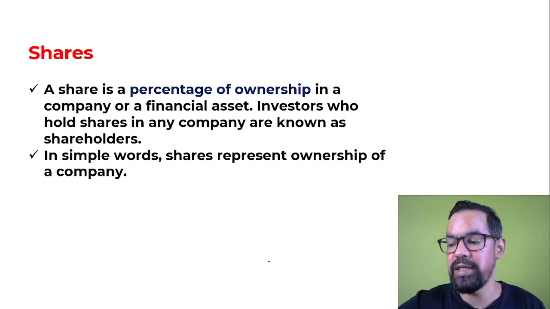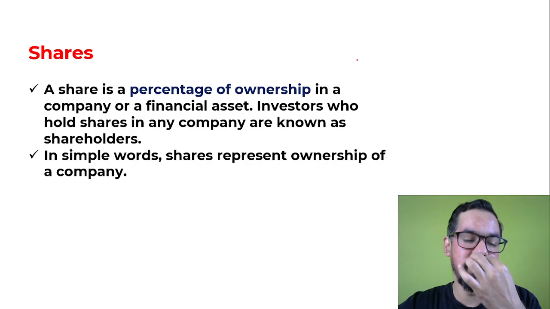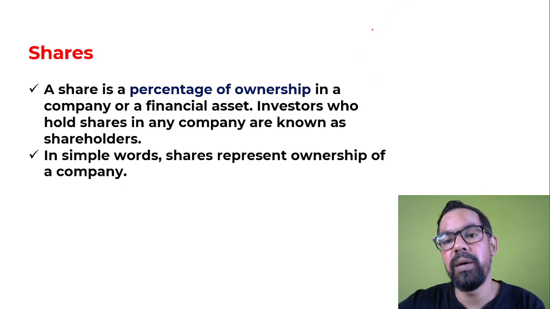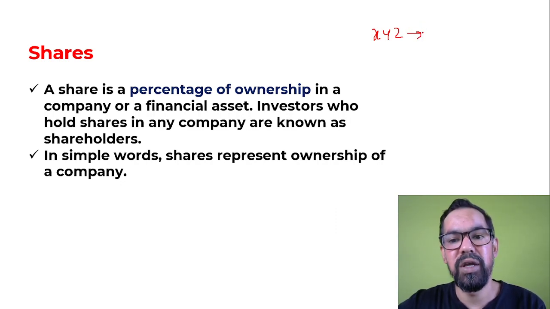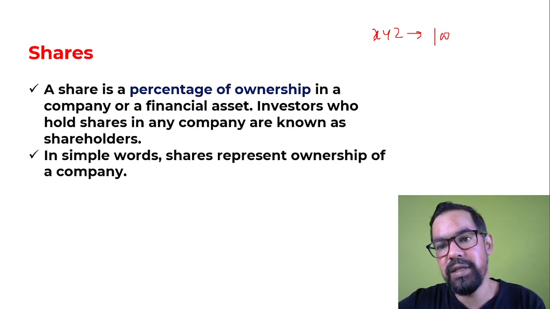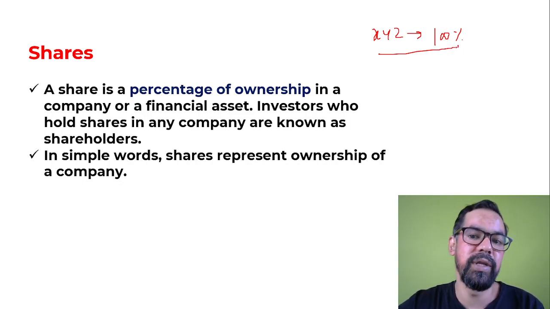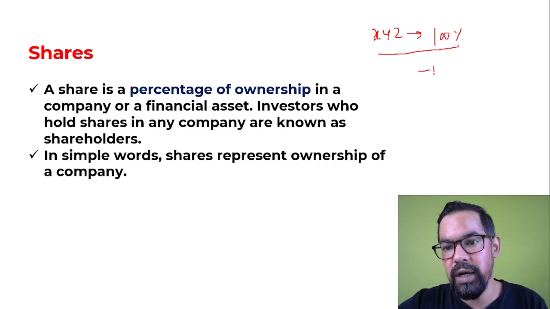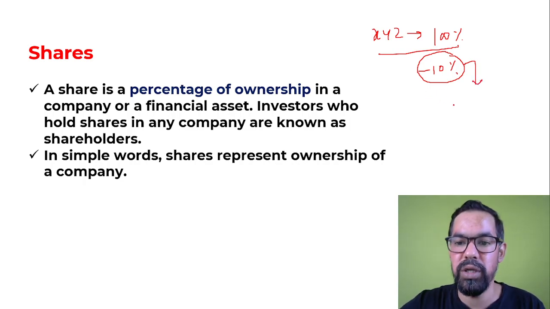Let's say, through an IPO, when a company registers itself on a stock exchange, we take the example of XYZ company. If this XYZ company files its IPO in the stock market, previously 100% of the stock belonged to the stakeholders or the promoters of the company. Now with the initial public offering, they sell 10% ownership in this company to investors in the form of shares.